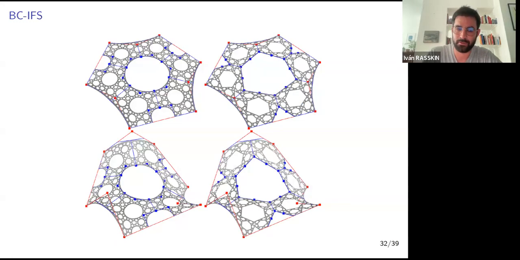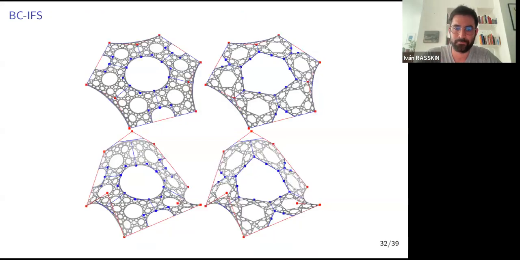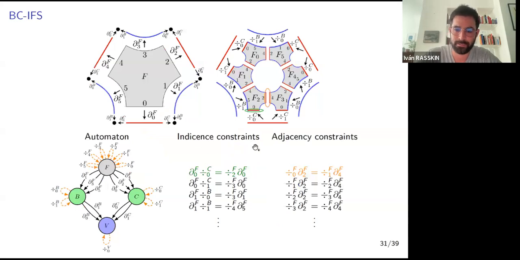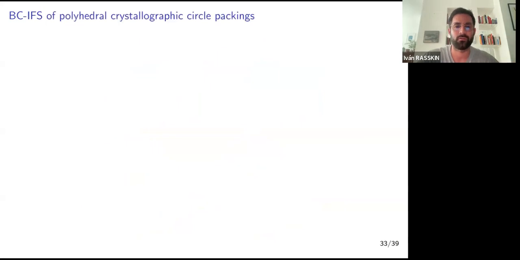So this is the BCIFS model, and we're going to apply it to modeling crystallographic circle packings, because the problem here is that defining the incidence constraint and the adjacency constraint can be complex. We don't know the final shape. The good thing about modeling these circle packings is that we can use the polytope behind them to define these equations automatically.